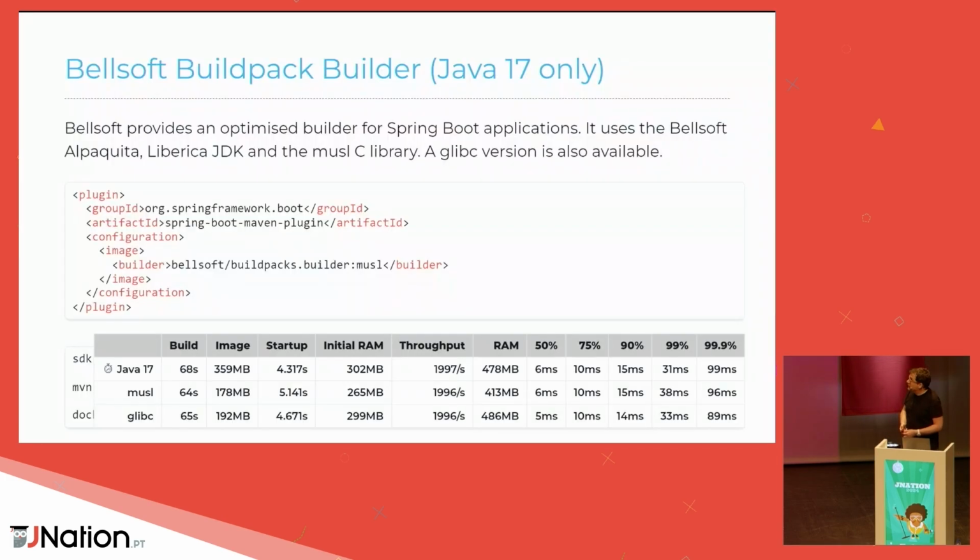Now let's think of buildpack builders, and that's an idea where I said I don't want to use Ubuntu, but I want to use Alpine underneath. So let's use another builder. The builder provides a possibility with Alpaquita, which is an Alpine distribution, which is quite tiny. And there is a glibc version and a musl version.